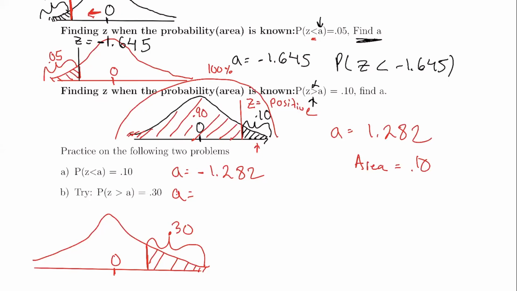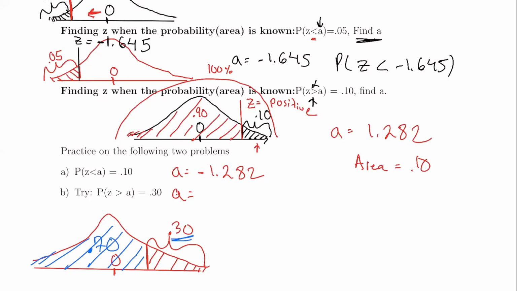Since you want the right tail, and the calculator only sees the left tail, if you wanted to find the left tail, you have to find this blue area. So if this is 0.30, then this has to be 0.70.